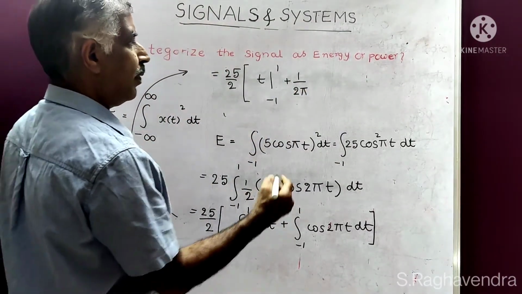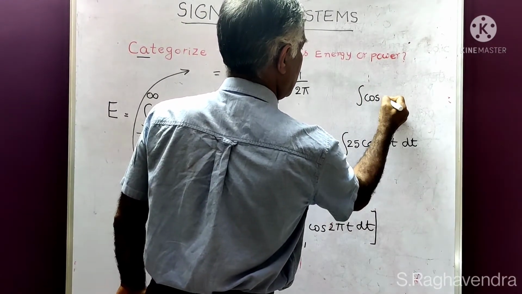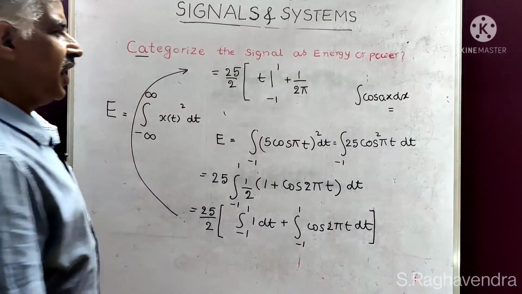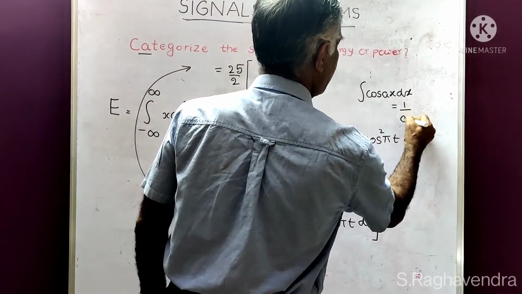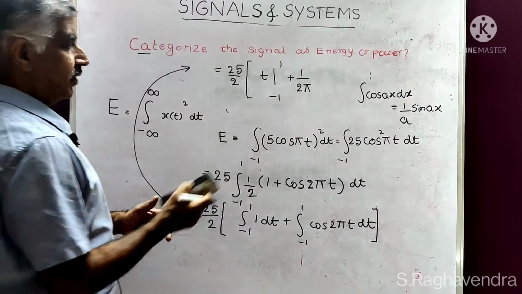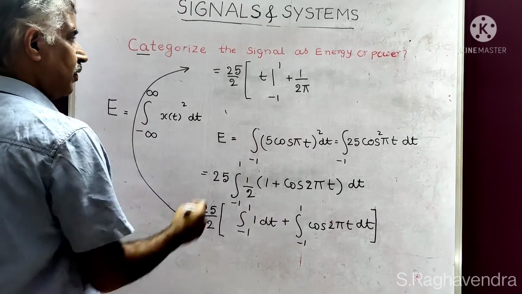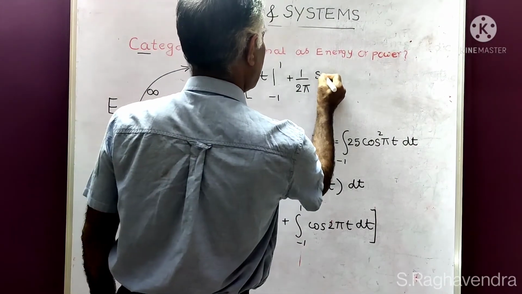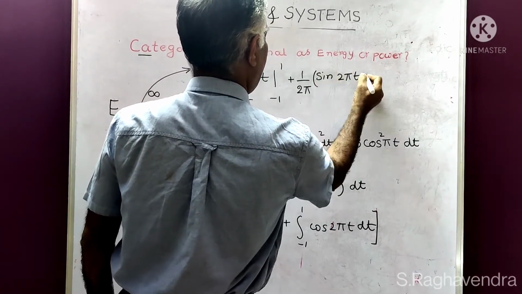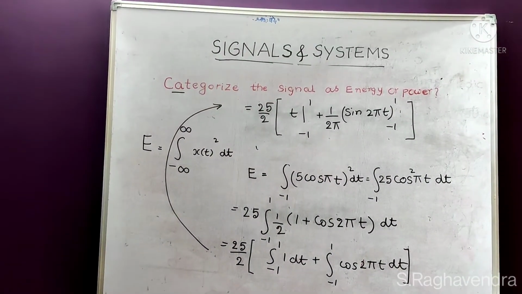I will remind diploma students, integral of cos ax dx equals 1 by a sin ax. So based on this, 1 by 2 pi sin 2 pi t between -1 and 1.